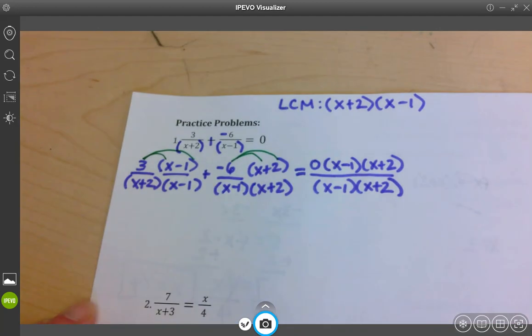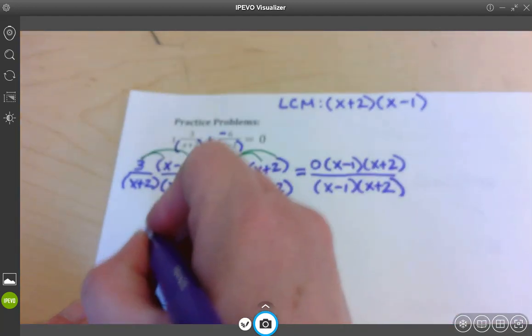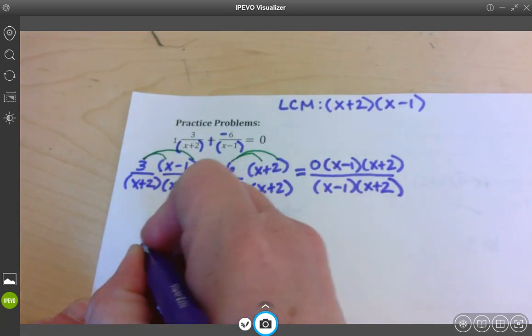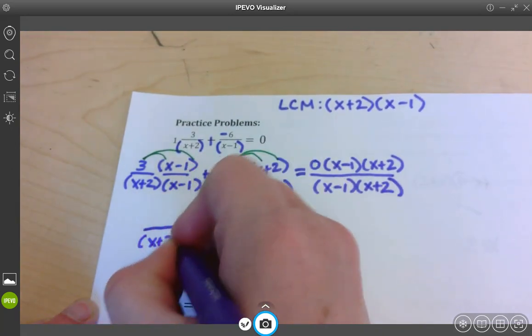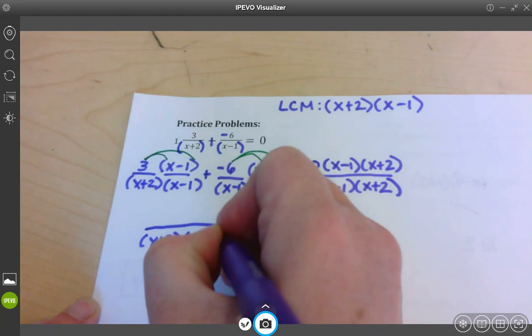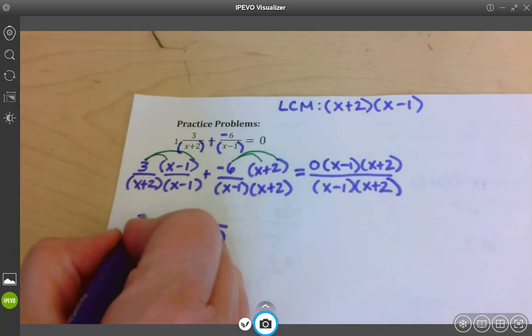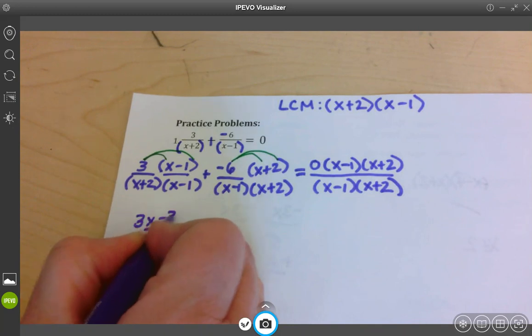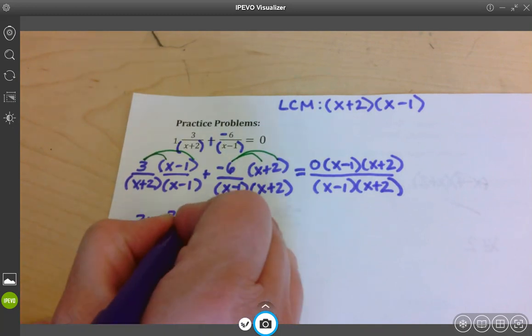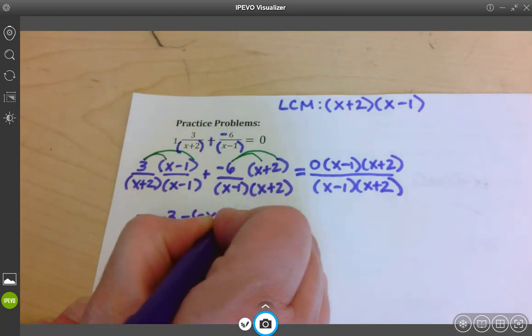So what I'm going to do is I'm going to do one more step with you and then give you a minute to work. I got one fraction. Distribute, I get 3x minus 3 minus 6x minus 12.